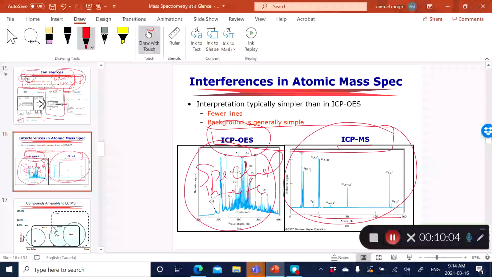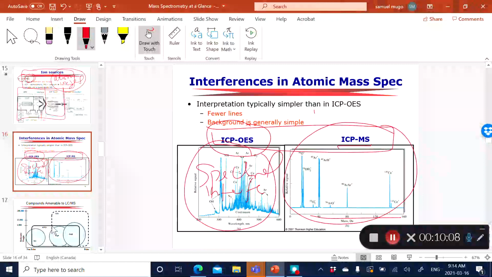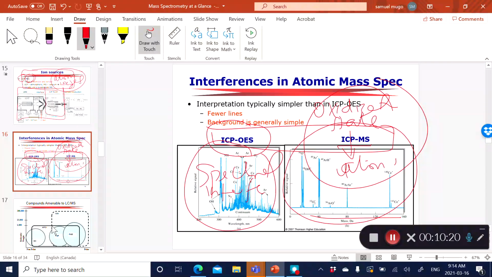So remember, the ICP mass spec can give you information about the oxidation state of your atoms. Very, very important. Remember that. It can give you the oxidation state of your atoms, because remember, you're looking for the mass to charge.